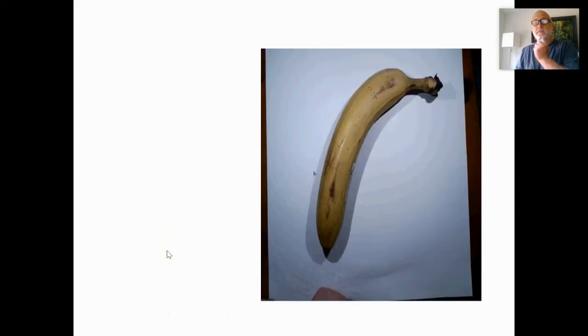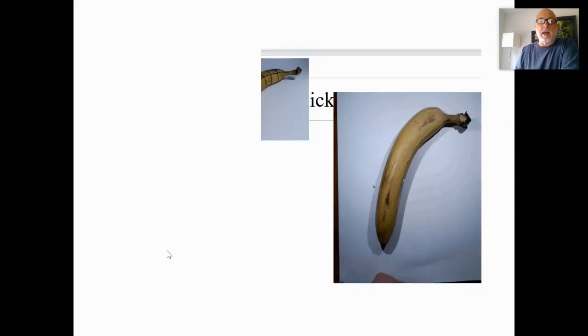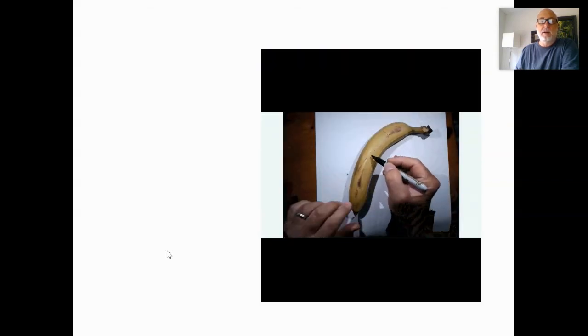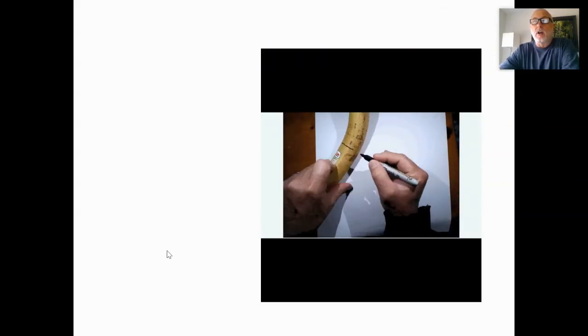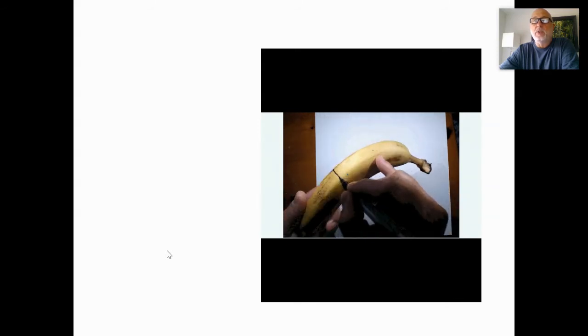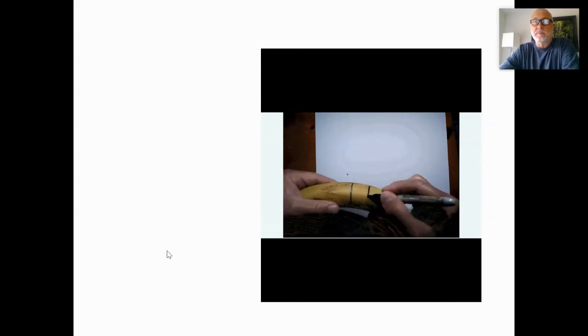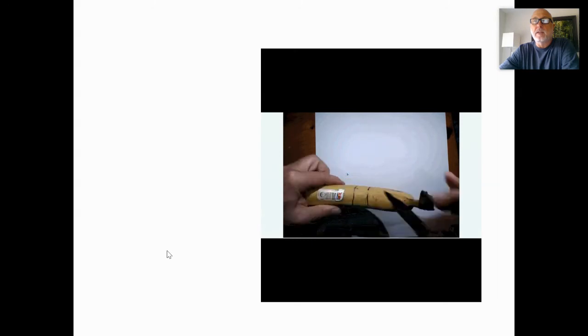So in drawing, let's start to consider what the contour lines would look like on an object. I'm actually going to draw the contour lines on this banana to help you visualize it. I'll draw these lines going around its form.